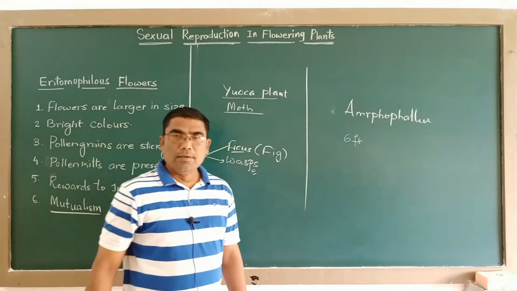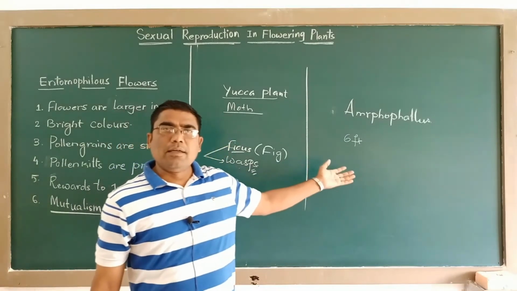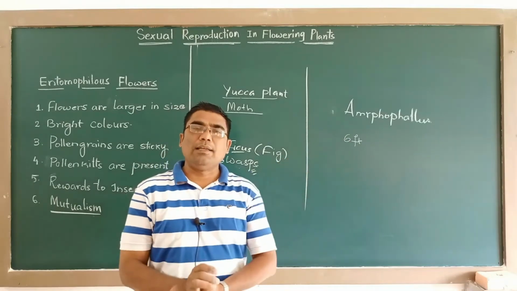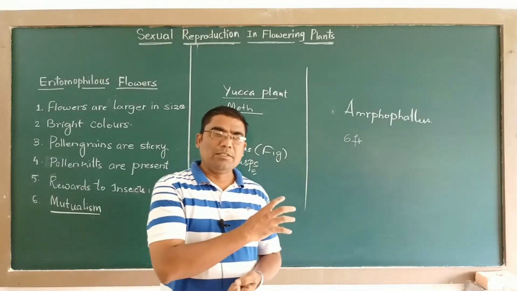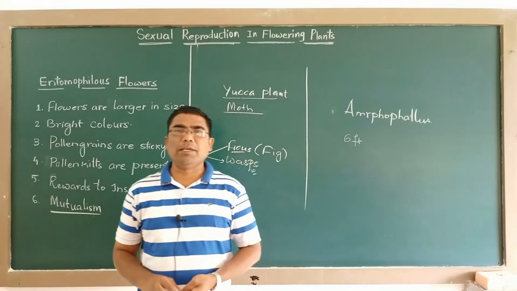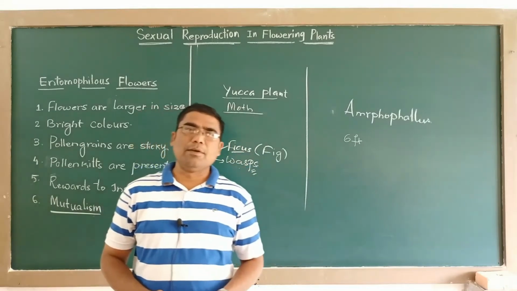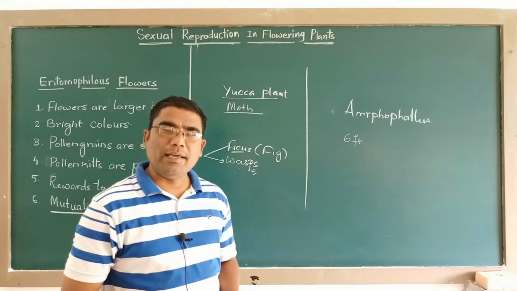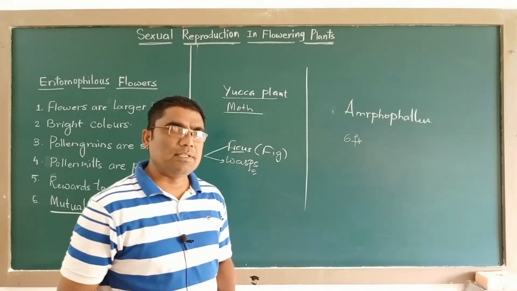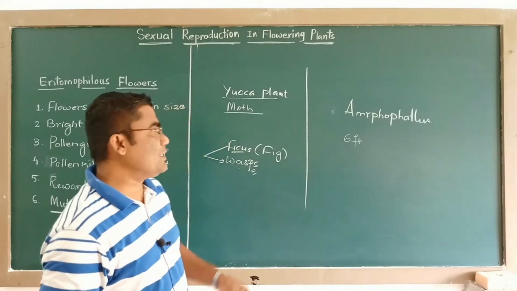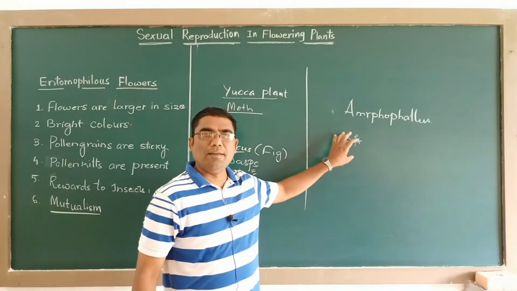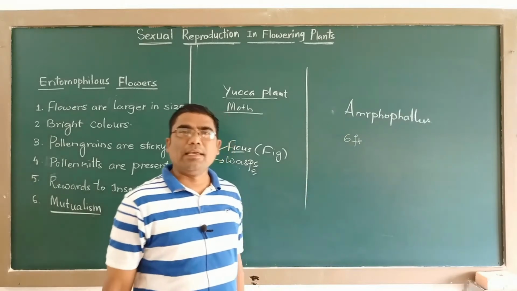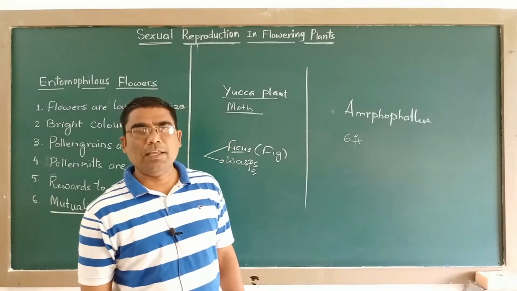Due to its bigger size, this flower becomes the safest place for insects to lay eggs and complete their life cycle. Because of this, many insects visit Amorphophallus flowers to lay eggs, and in this phenomenon they carry out entomophily.